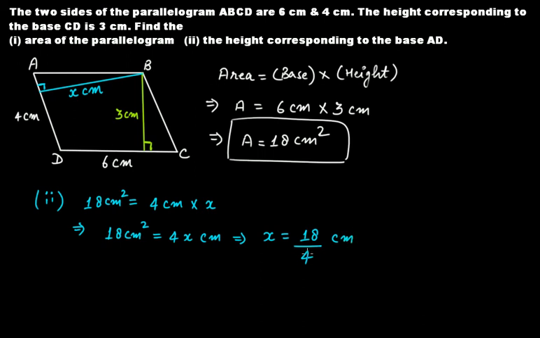Now if you want to solve it, you can solve like this, x is equal to 4, 16 and 2 left, 4.5 centimeter, right? So now we know the length of this, x is 4.5 centimeter.